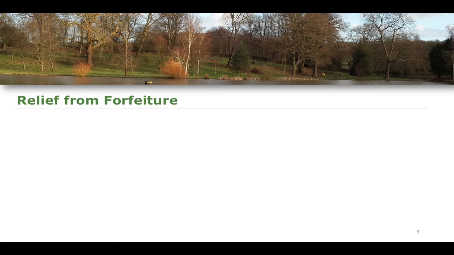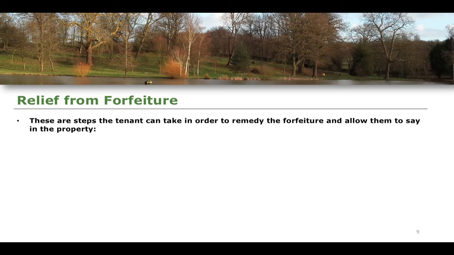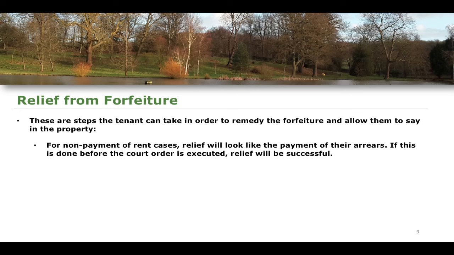There is the ability for there to be relief from forfeiture, which essentially protects a tenant against the strongest claims of forfeiture, or at least if there is a breach of a covenant, let's say, that there could be relief by way of remedying that situation, which does not necessarily result in a forfeiture agreement. So these are essentially the steps that a tenant is able to take in order to remedy the forfeiture and therefore allow them to stay inside the property.